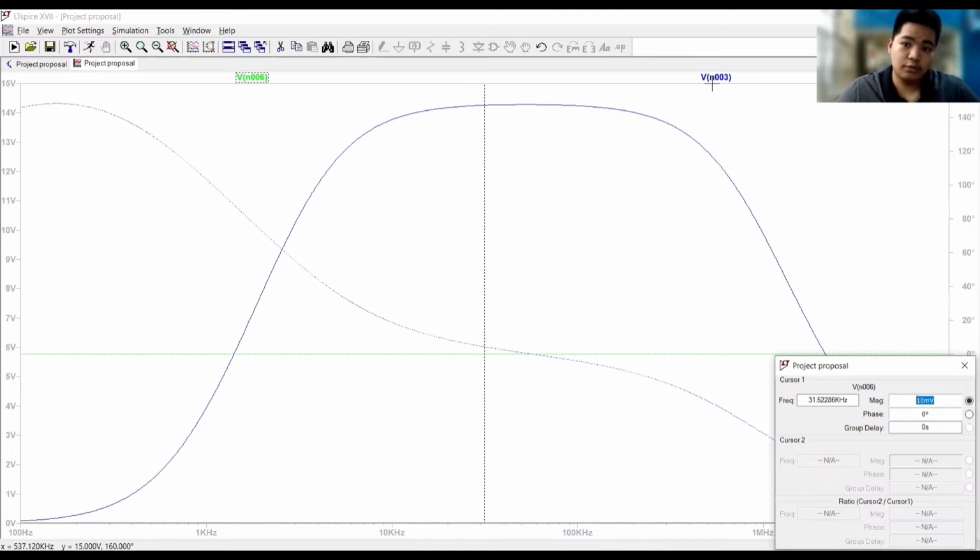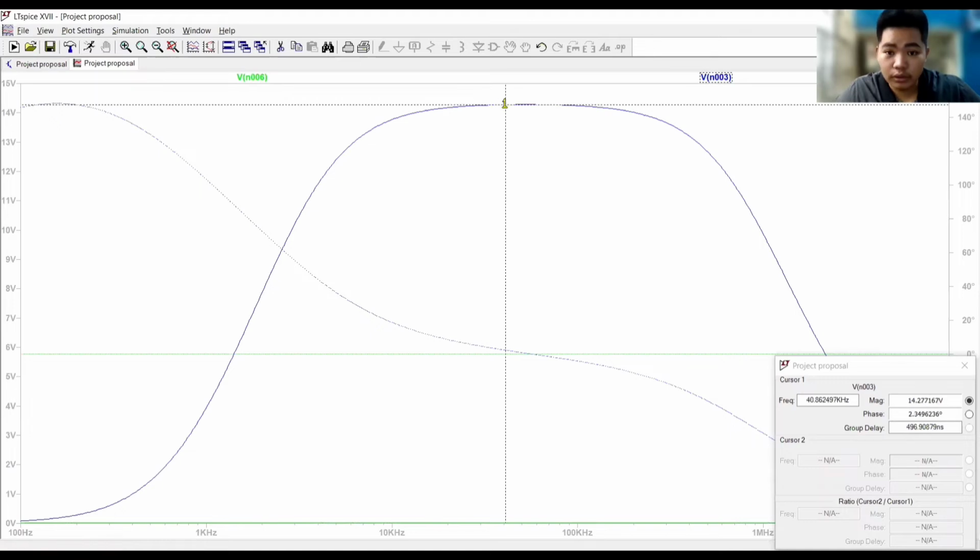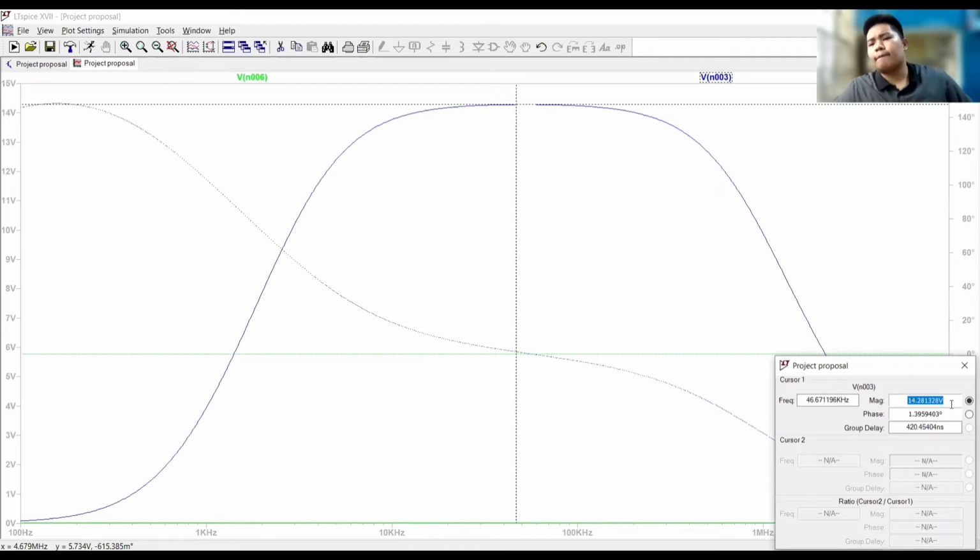But if we look at the V out, as we can see, it peaks around 14 volts, which indicates again that our circuit was able to amplify the voltage that is coming in.